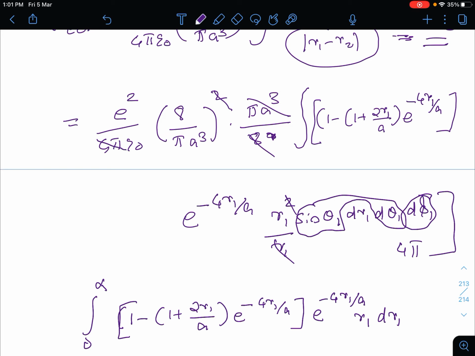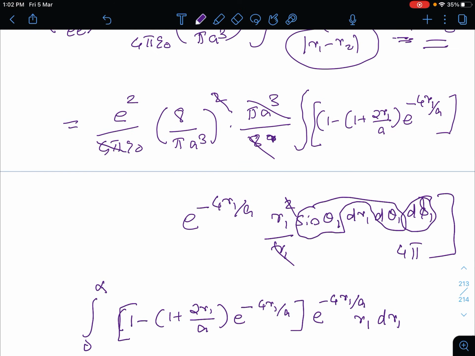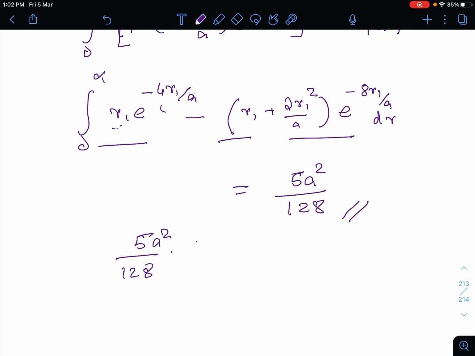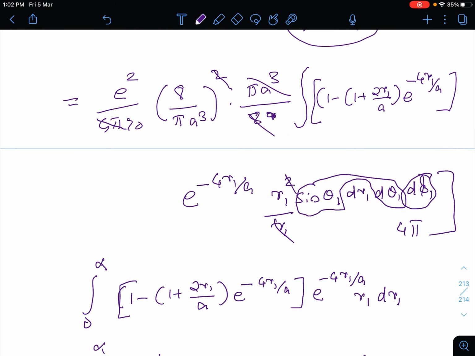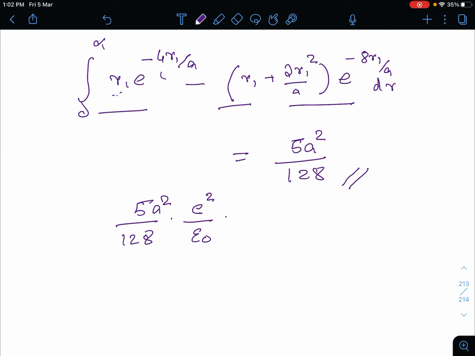Pi is there and 128 is there, so this again becomes 5 by 128 a square into the remaining terms, e square by epsilon 0, then 8 by pi a cube.